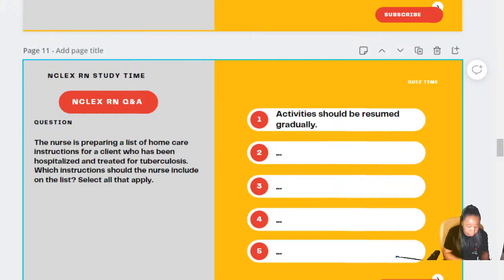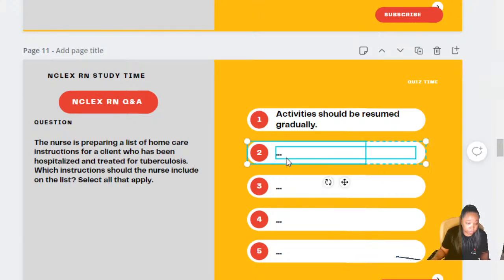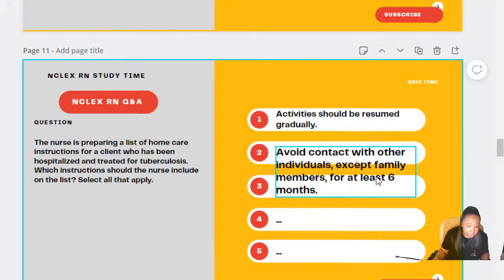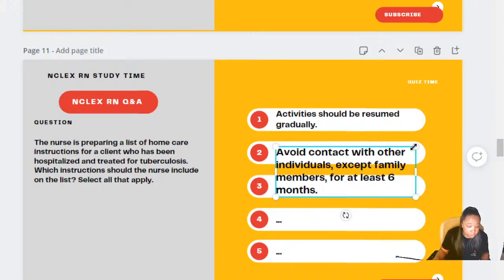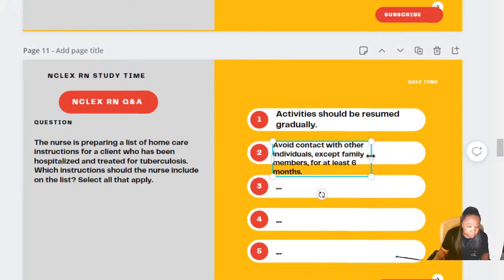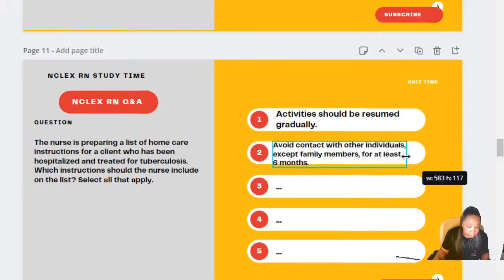The next one says avoid contact with other individuals except family members for at least 6 months. You hear? We have to not only look at the amount of time, they tell them to stay away from others except family members.